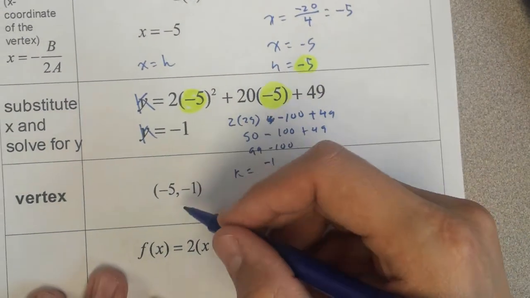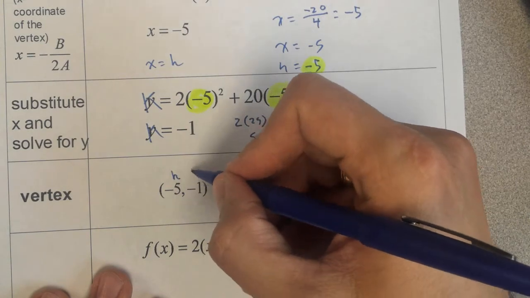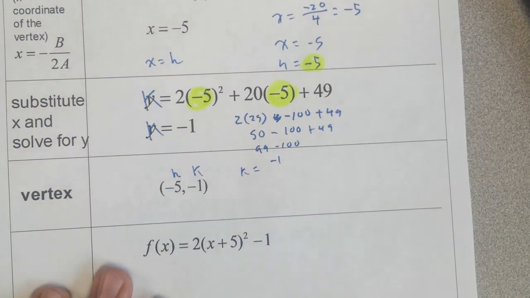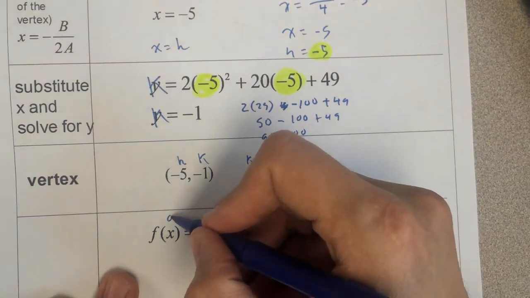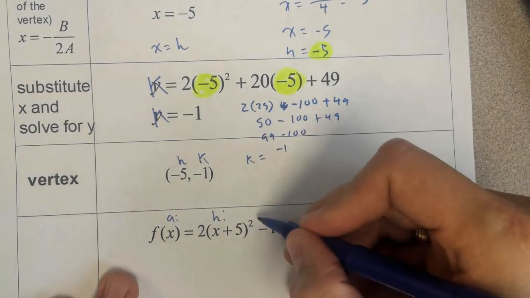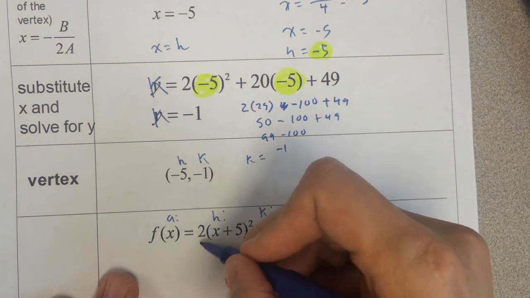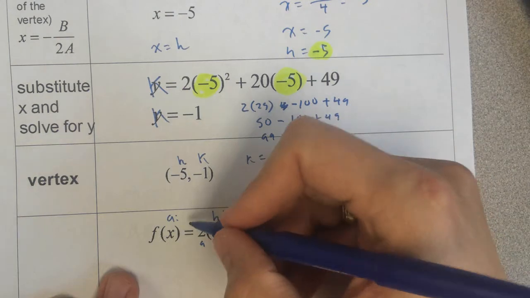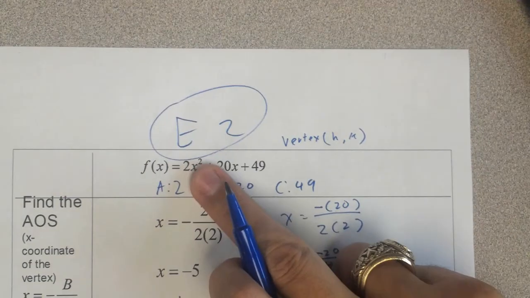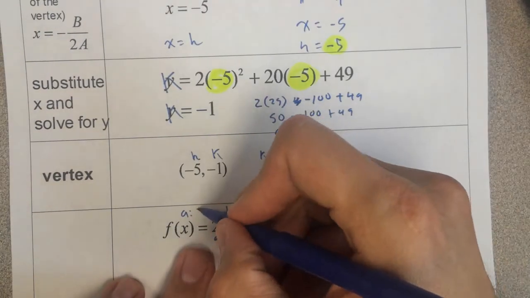And again, my vertex here, this is h, and that is k. For my vertex form, a, h, k, that's a, this is h, and that is k. A was the same as up here, we just take that 2.